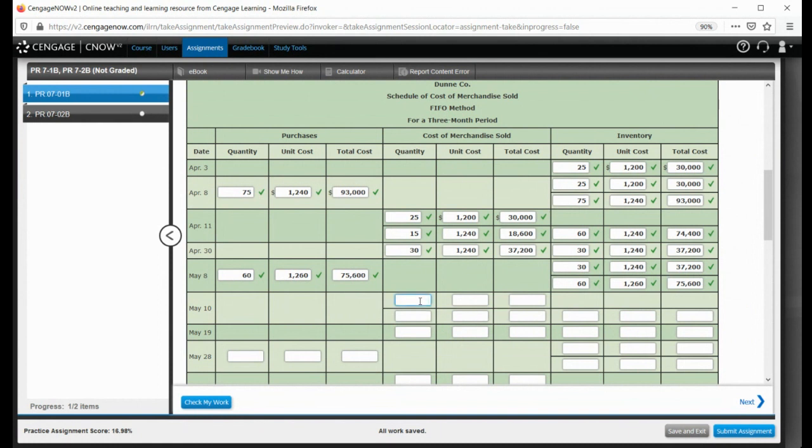So our cost of merchandise sold is going to consist of two parts. Part of this came from the cost of the inventory that we brought down from April the 30th. We had 30 units there that cost us $1,240, which is $37,200.